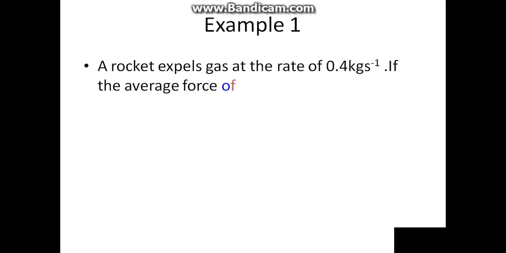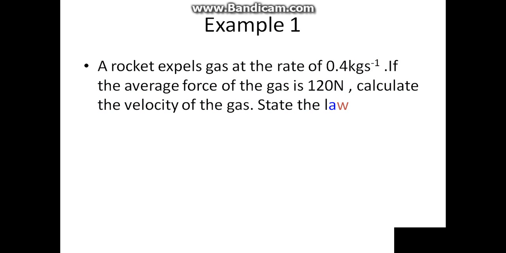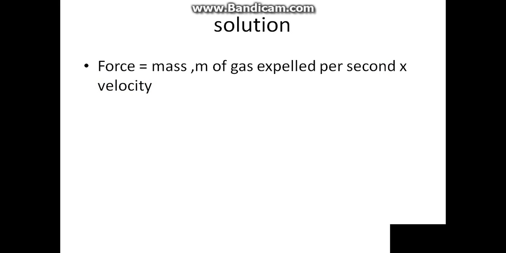Example 1. A rocket expels gas at a rate of 0.4 kg per second. If the average force of the gas is 120 Newton, calculate the velocity of the gas. State the law used in your calculation. Solution. Force is equal to mass m of gas expelled per second times velocity.